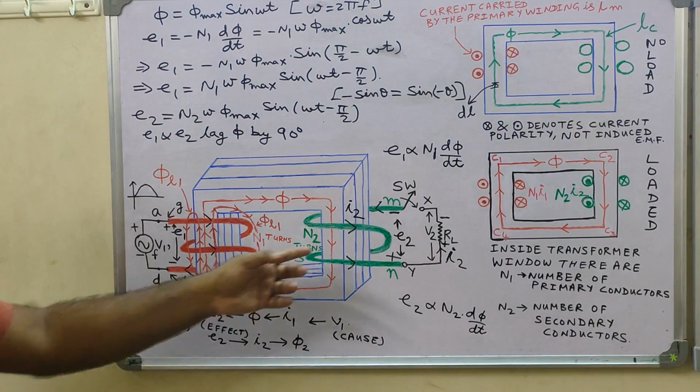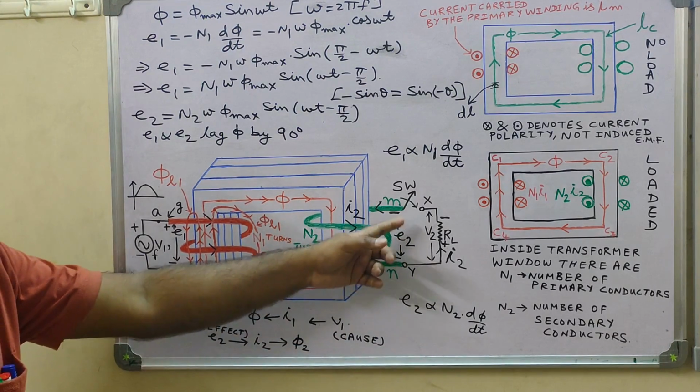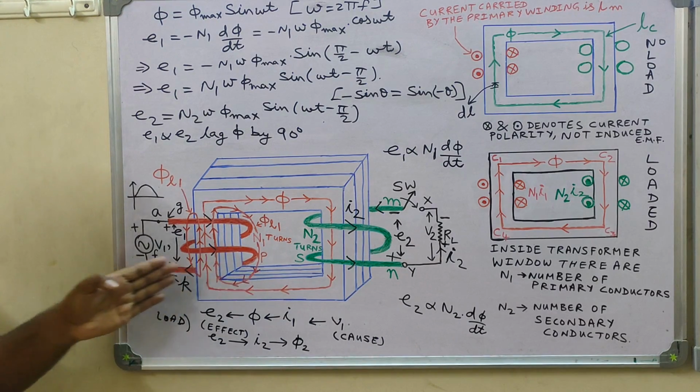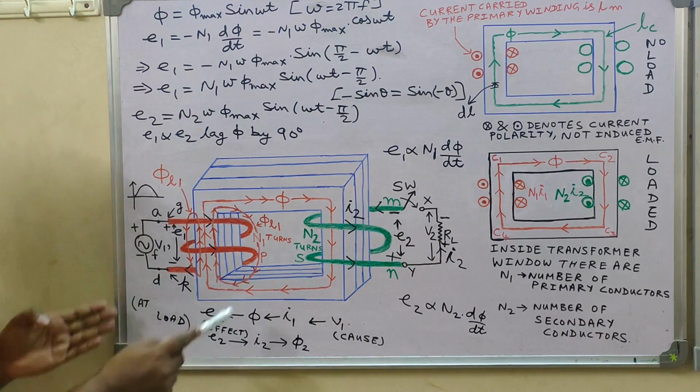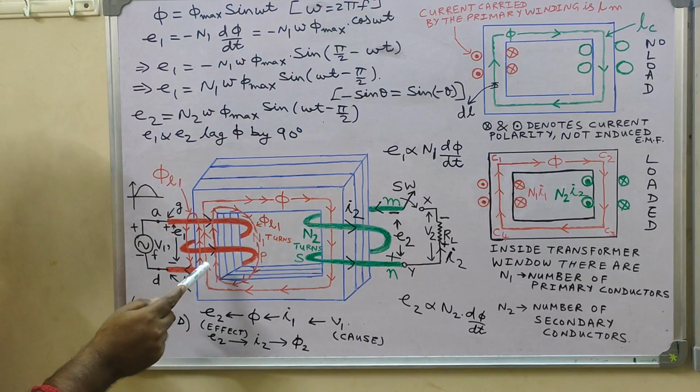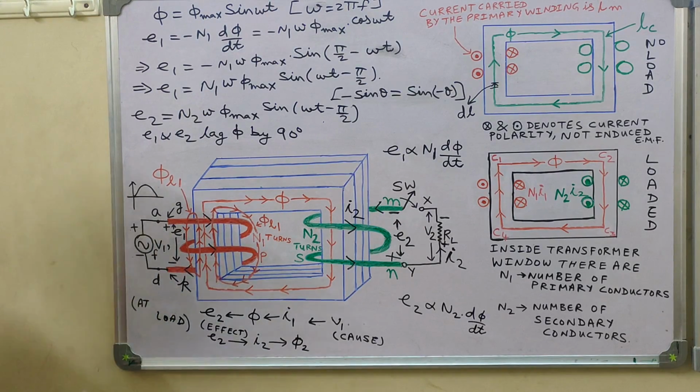Because of E2 there is a flow of I2. Of course we have made the switch SW closed, and the primary coil is connected to an alternating voltage source V, so the current flowing through the primary coil will also be alternating.